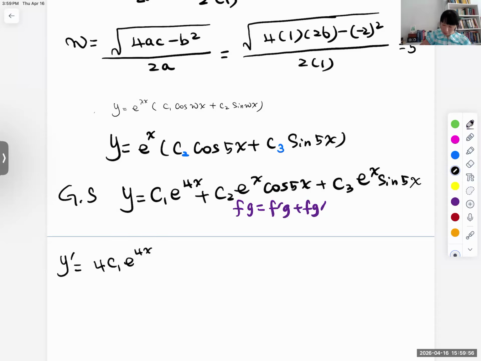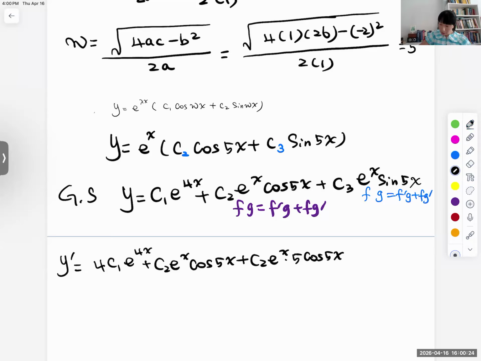Okay, so there will be f prime plus c sub 2 e to the x and g plus f g prime, 5 cosine 5x, yeah? Okay, now product rule again.